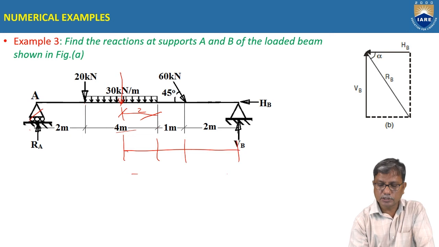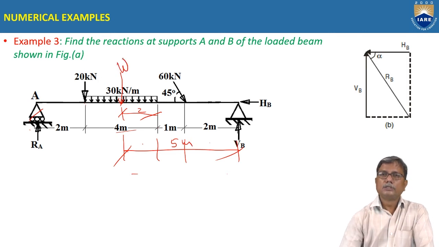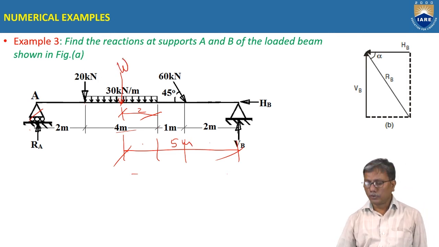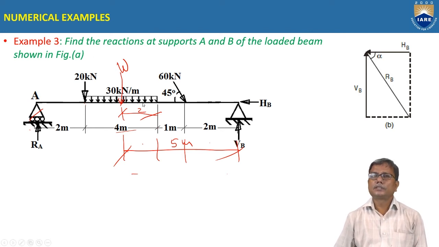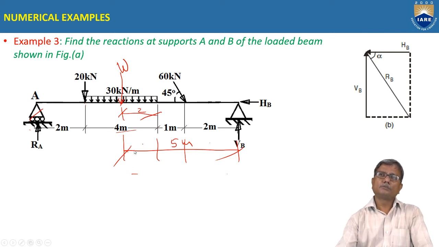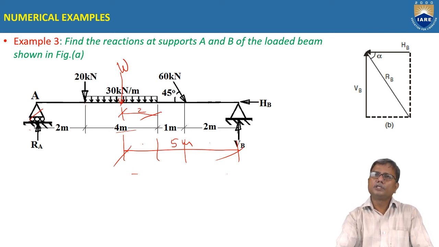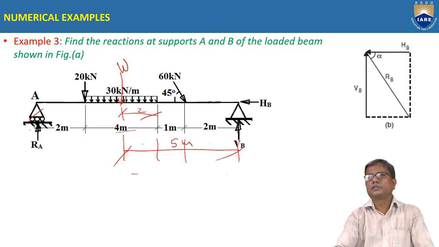What is the total distance from B? It is 5 meters. So the distance of the resultant load of this UDL is 5 meters. Then we can replace this UDL by the resultant W, which is at a distance of 5 meters. So while taking moments about B, the distance of the total UDL W will be 5 meters.